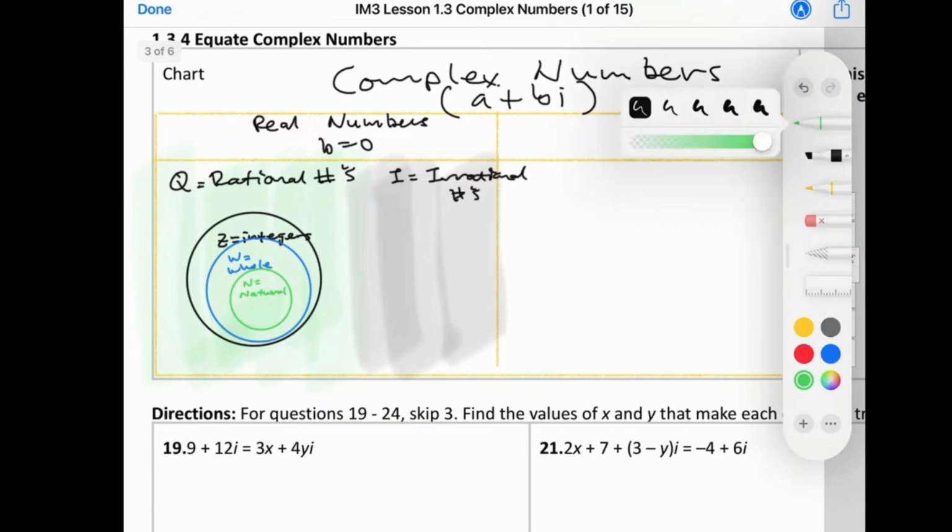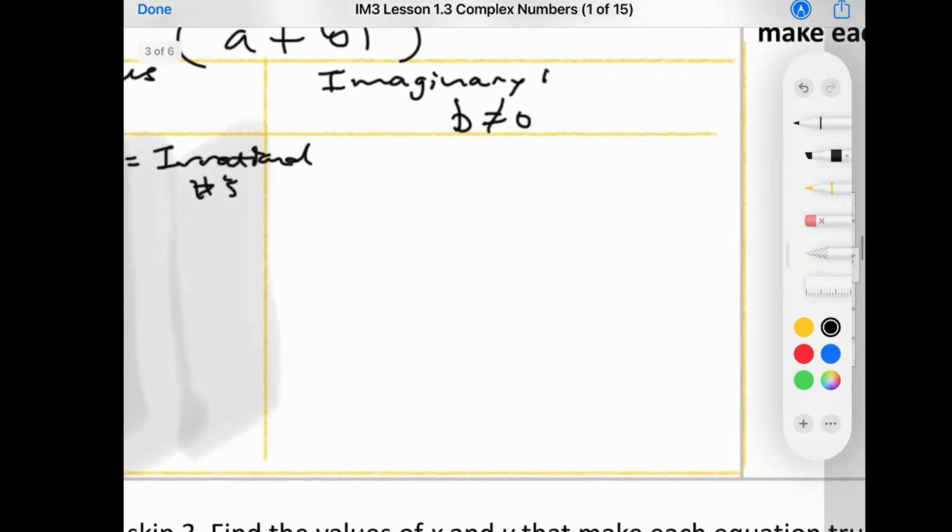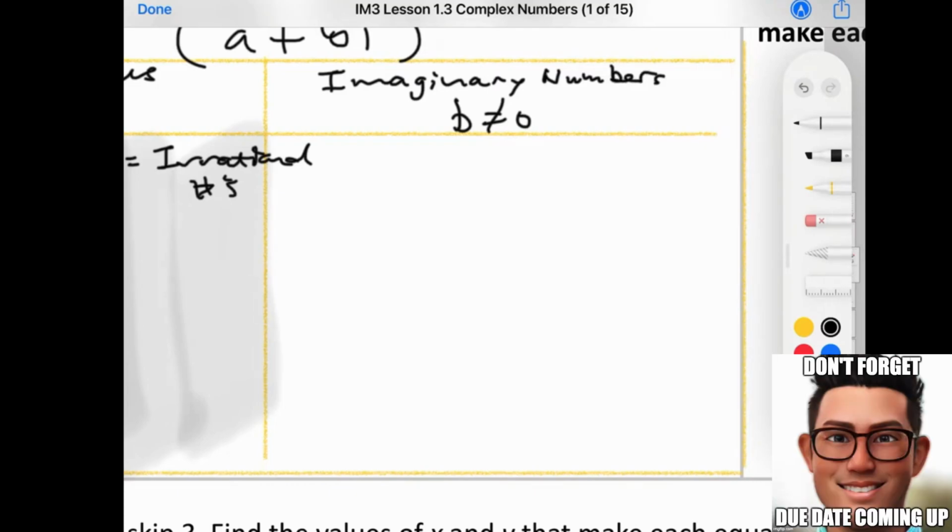Okay, on the other side, if b is not equal to 0, you have something called imaginary numbers, and in here you just have a family.